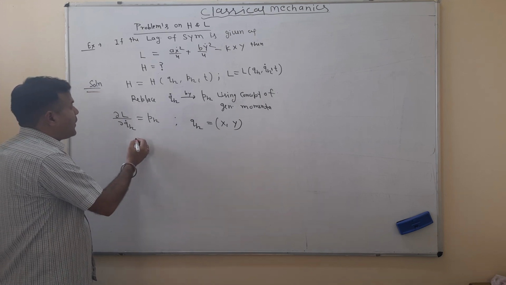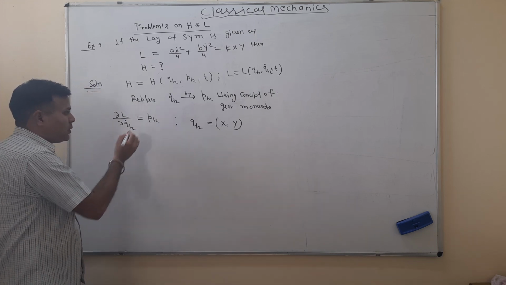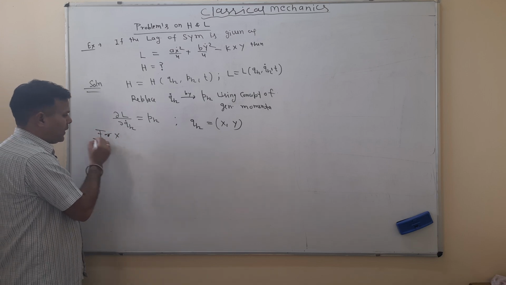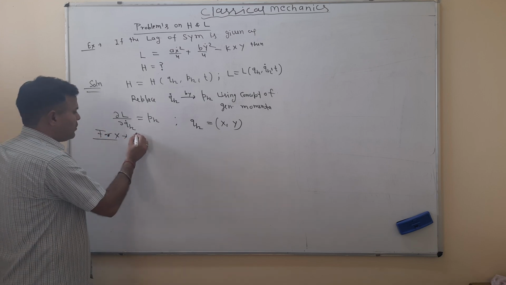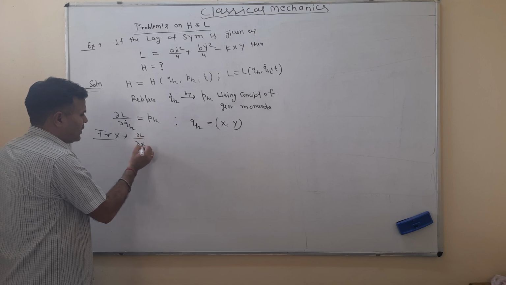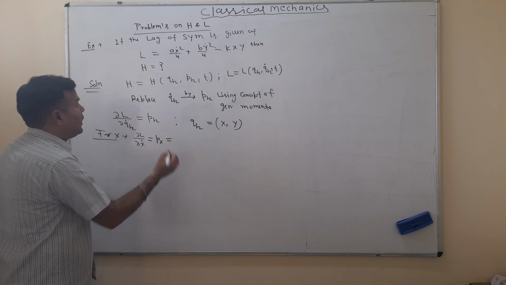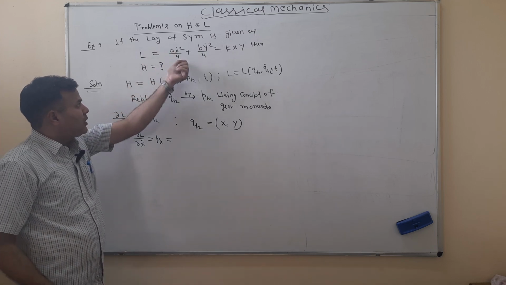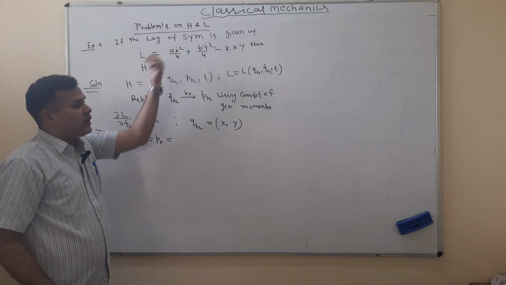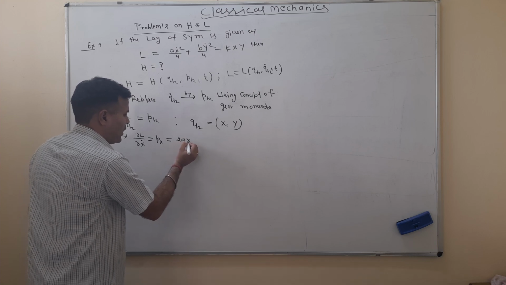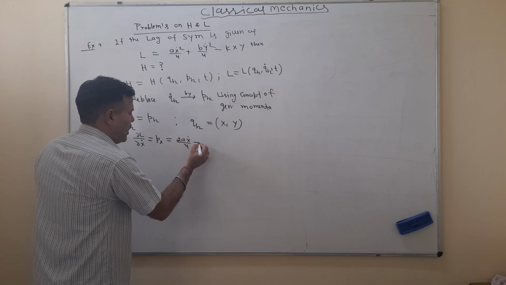So the generalized momentum for the x coordinate is del L by del x dot, which is px. And what is del L by del x dot? Simply twice a x dot by 4.